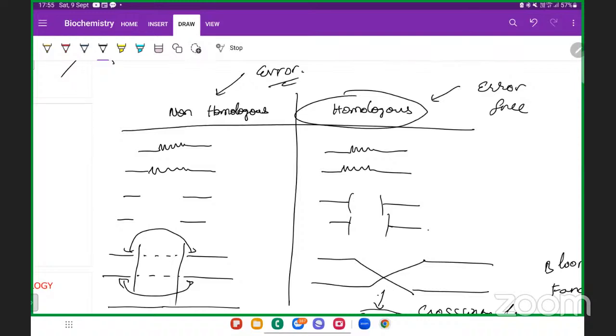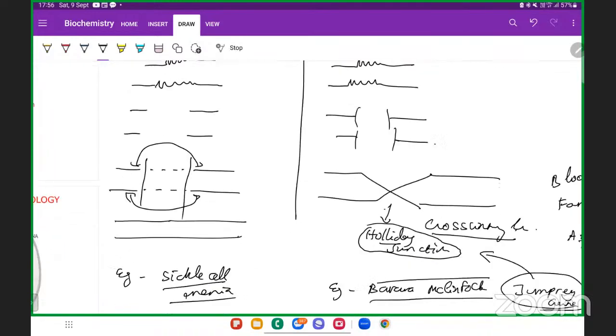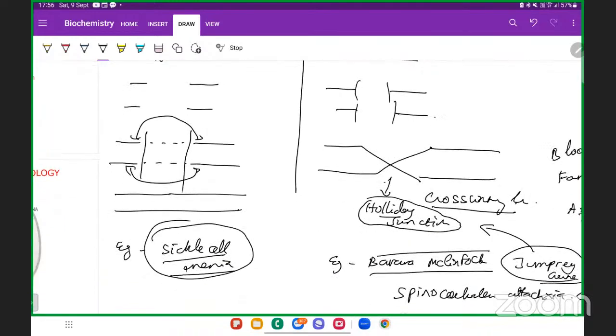Now, coming back, there are certain diseases associated with cross-linking. I told you already: ataxia telangiectasia, Bloom syndrome, Fanconi anemia. Similarly, for non-homologous error, you have sickle cell anemia. If there is a problem in the non-homologous error correction mechanism, that leads to sickle cell anemia. Is it clear till now?